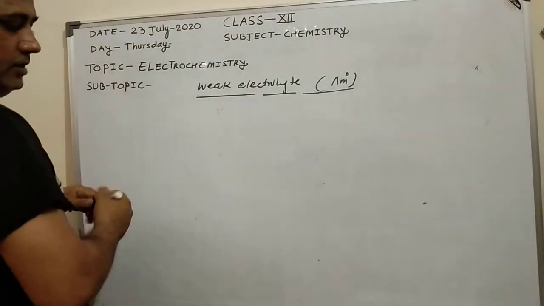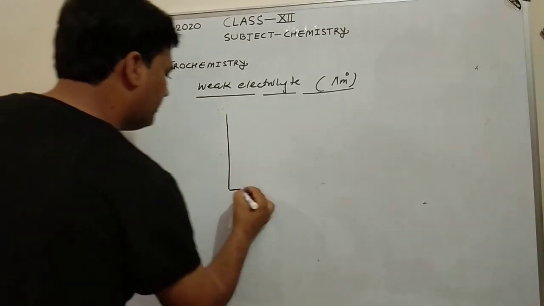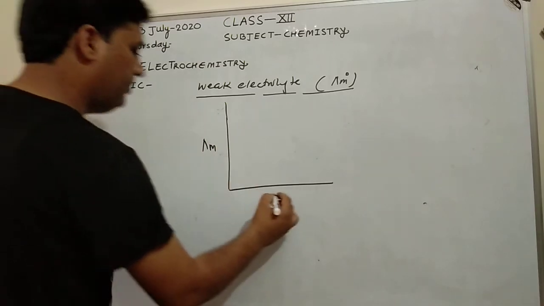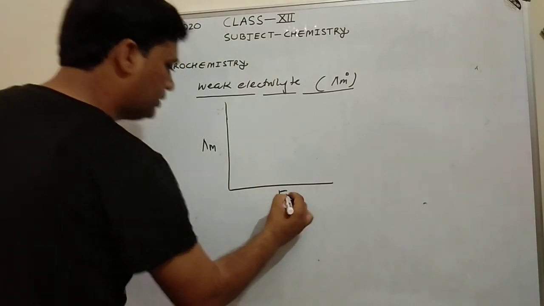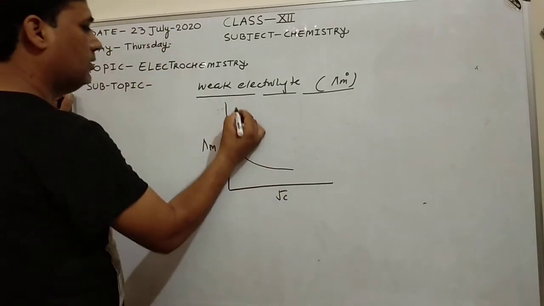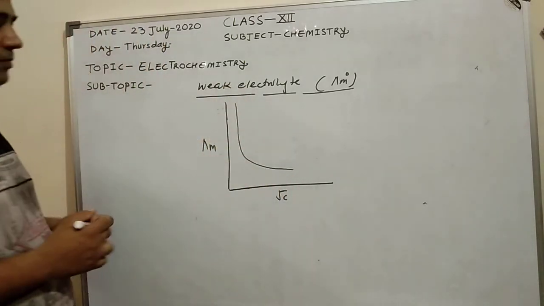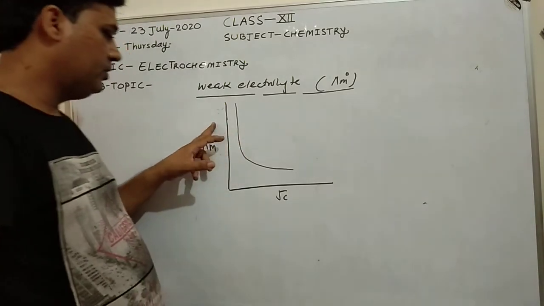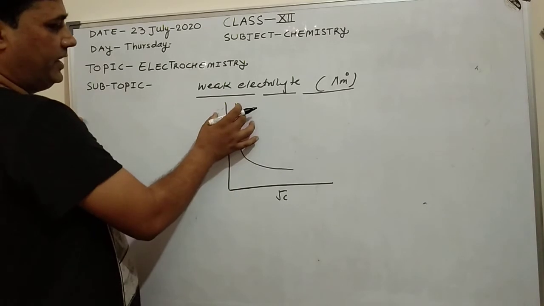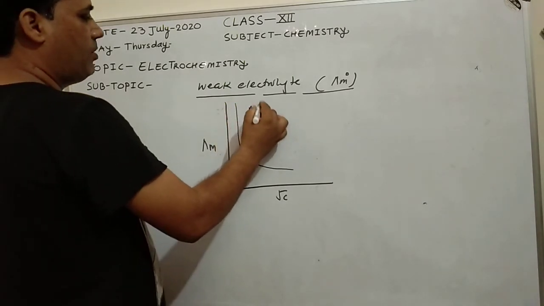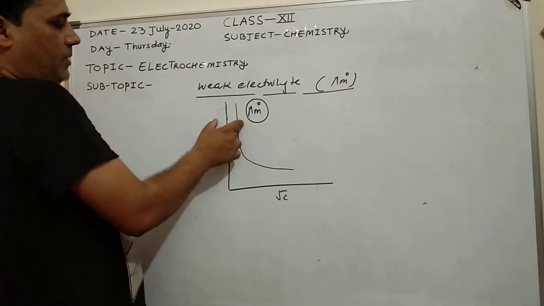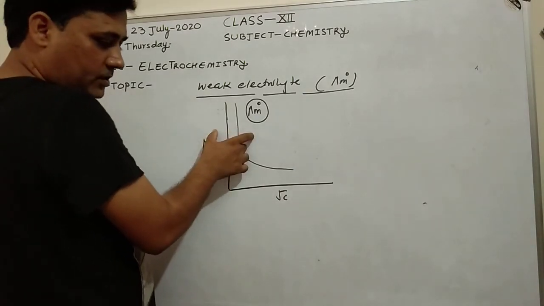We can easily understand with the help of a graph. This is lambda m and this is root c. On dilution we will get this type of graph. We cannot calculate lambda m naught because the graph becomes parallel to the y-axis.